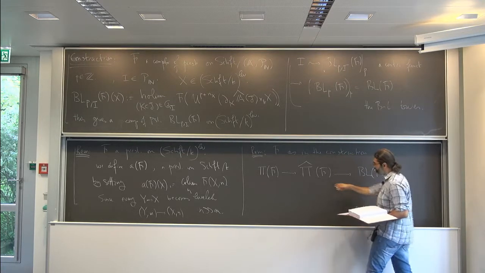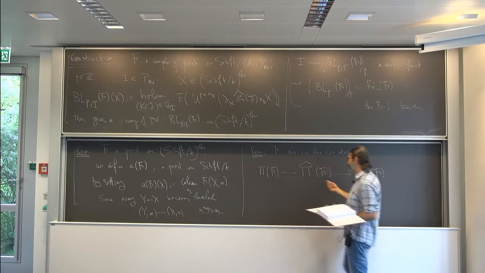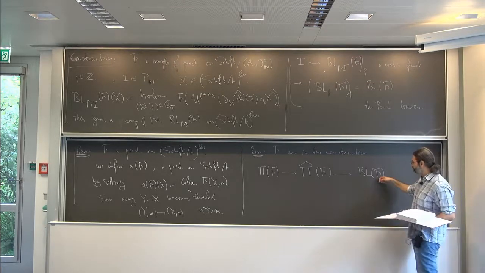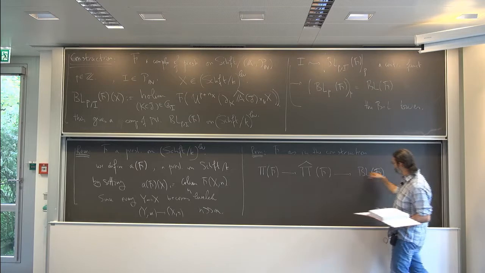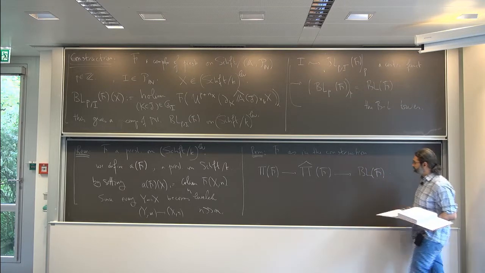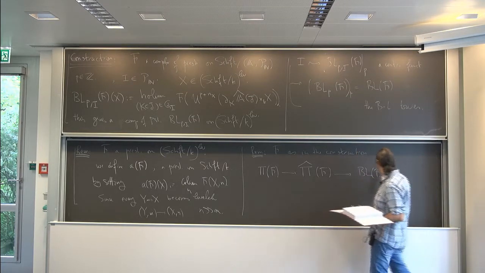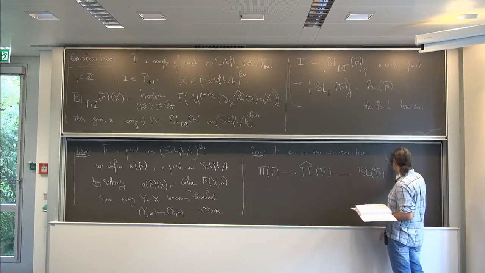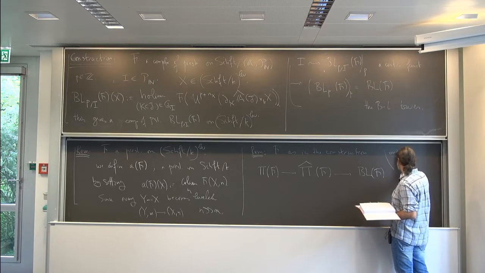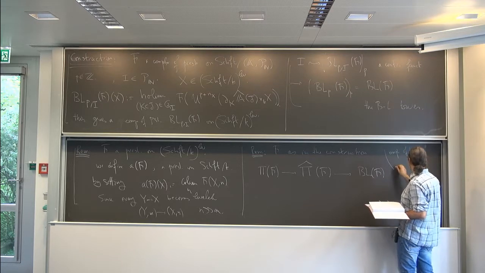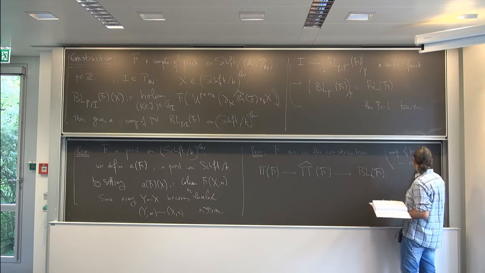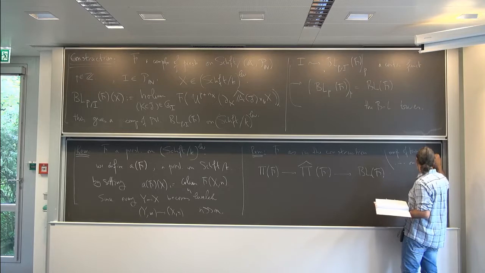These are complexes of presheaves. This is a tower of complexes, but if you think about it as a constant tower, then there is a map of towers like this. So this is a sequence of morphisms of towers on finite type leveled.